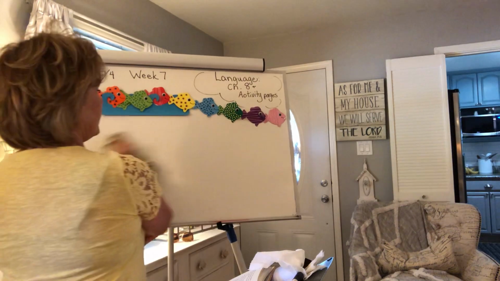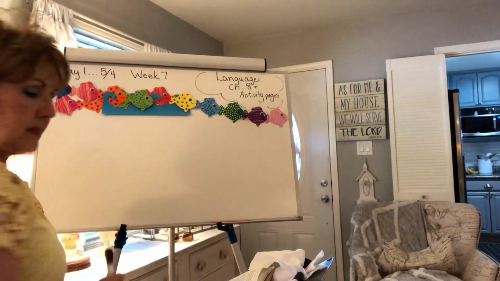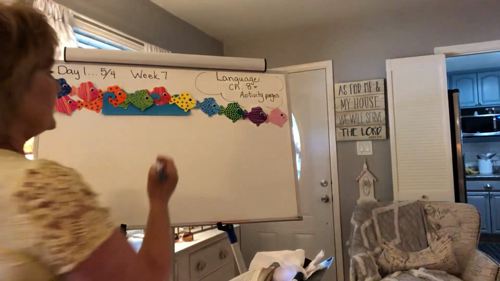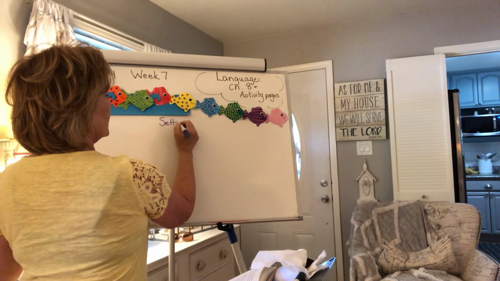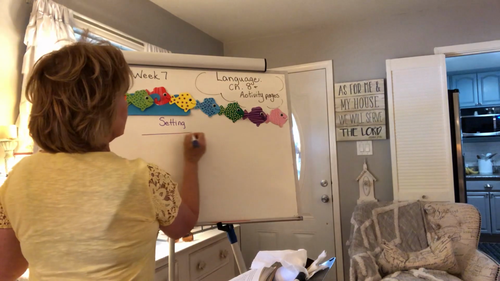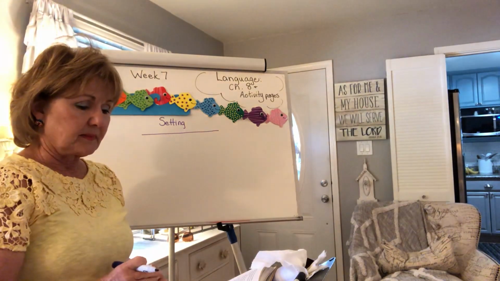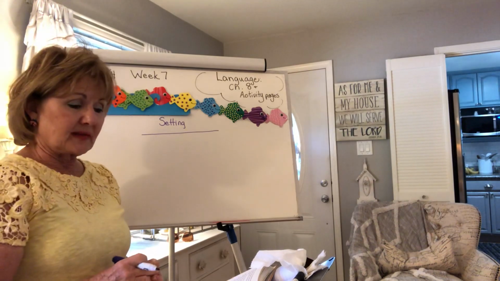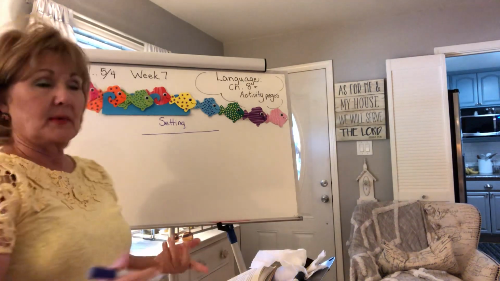I think it'll be okay. So, the setting. The first part says setting, right? Where does the story, this chapter, take place? Well, most of this chapter takes place where? At Grandpa and Grandma's house.